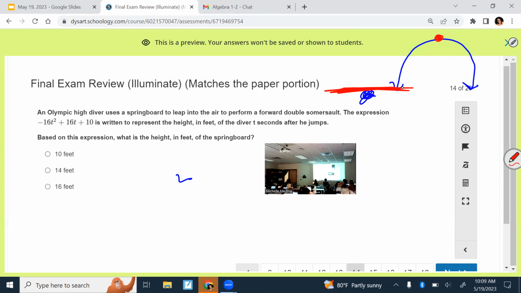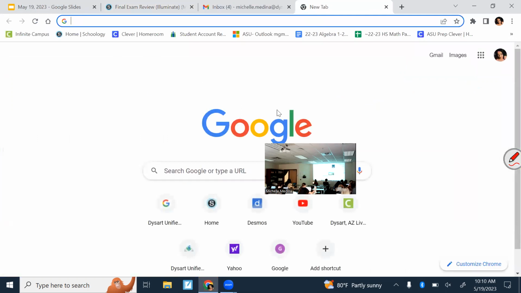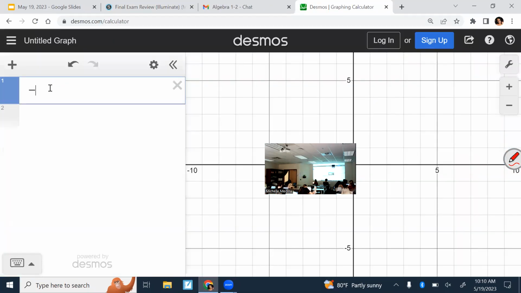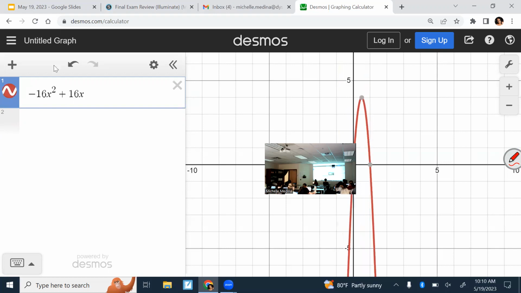So let's see. Okay, so negative 16x squared plus 16x plus 10.